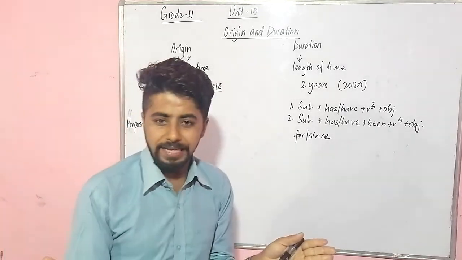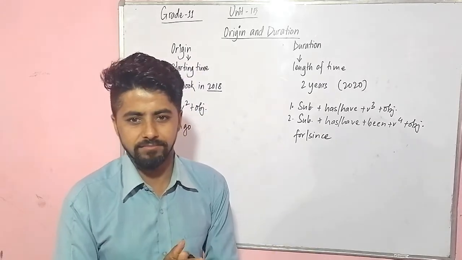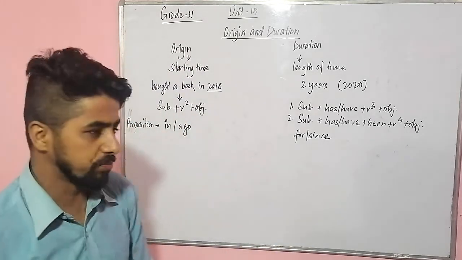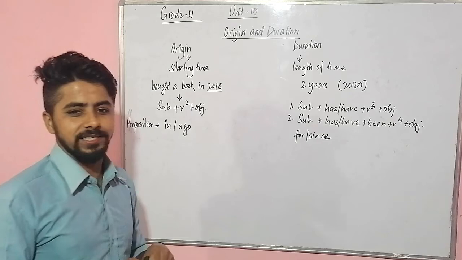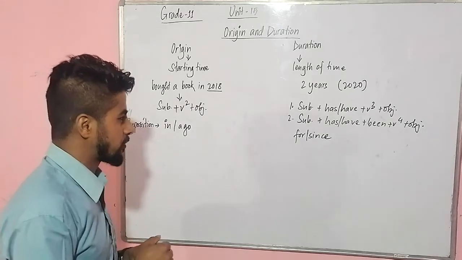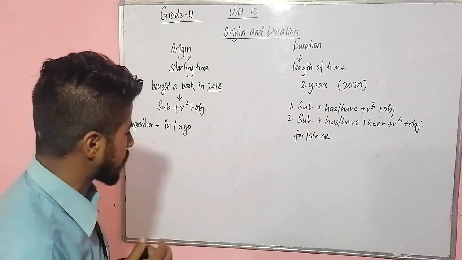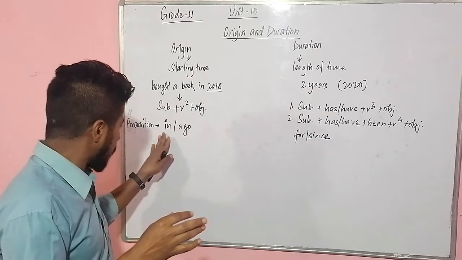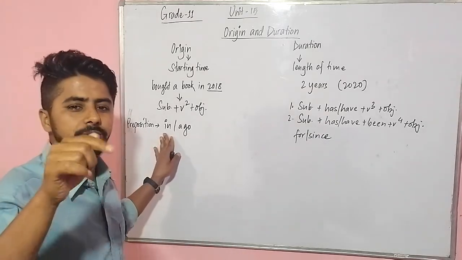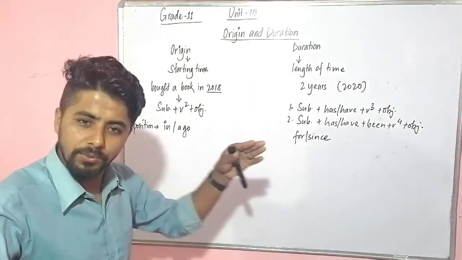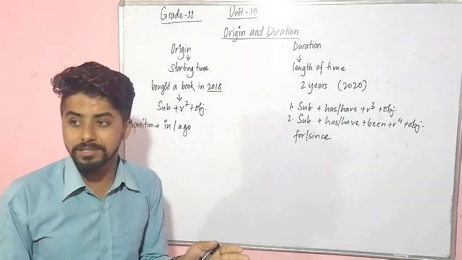Now here is a common question that you will also ask me. So before you ask me, I'll make you sure about it. I'll solve your problem also. Where to use in and where to use ago? Can we use in and ago in the same sentence?